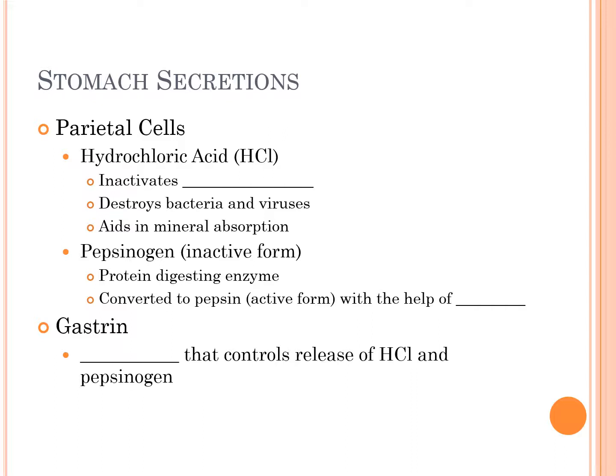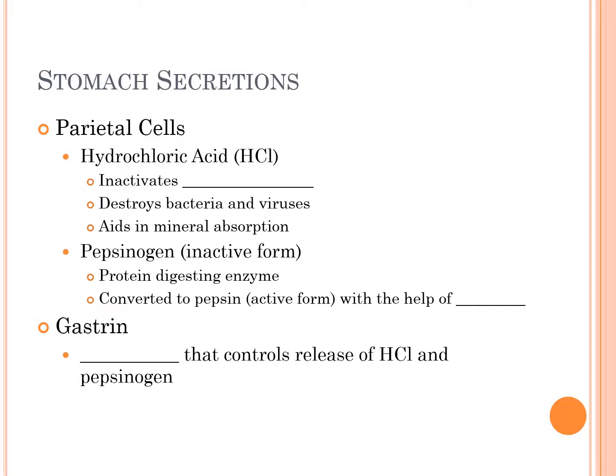Pepsinogen will be converted into the active enzyme form pepsin, which digests proteins. What's interesting is the wall of the stomach is actually muscle and protein itself, so pepsin can digest the stomach wall itself.